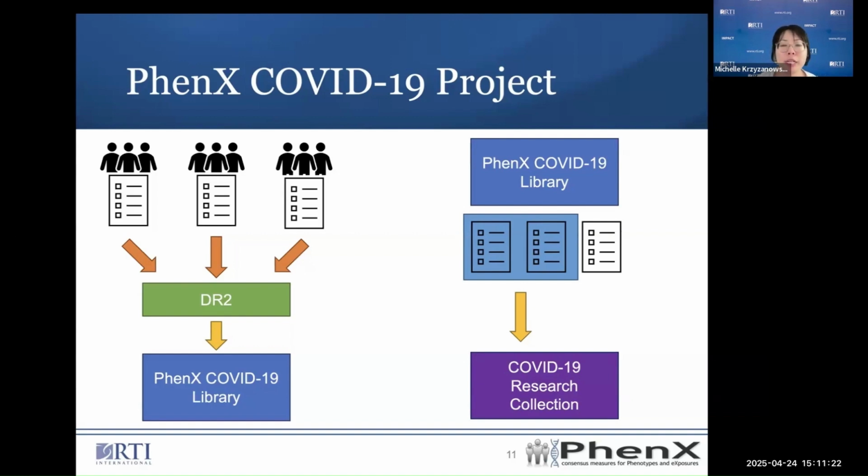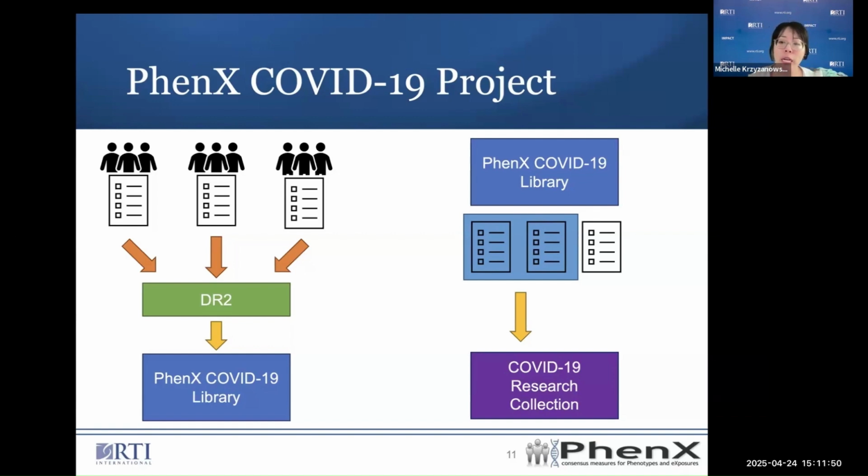Say a PDF contained health history, then symptoms of COVID, and then effects on how schooling was happening. We would break those down into modules, where one module would be the health history, another module would be the COVID-19 symptoms, and another module would be related to the school effects. So those are basically what are in the COVID-19 library.